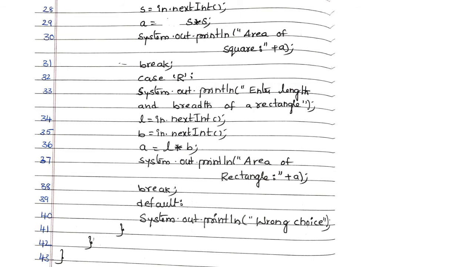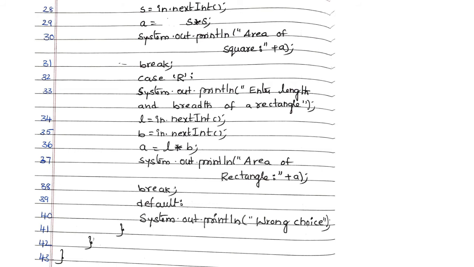Now I would like to calculate the area of a rectangle: A = L * B. Now I would like to display the result. That's why I have written the output statement: System.out.println area of rectangle is A, because I have saved the result area in the variable A. And the next statement is break. The compiler treats it as the closing bracket for the case R.